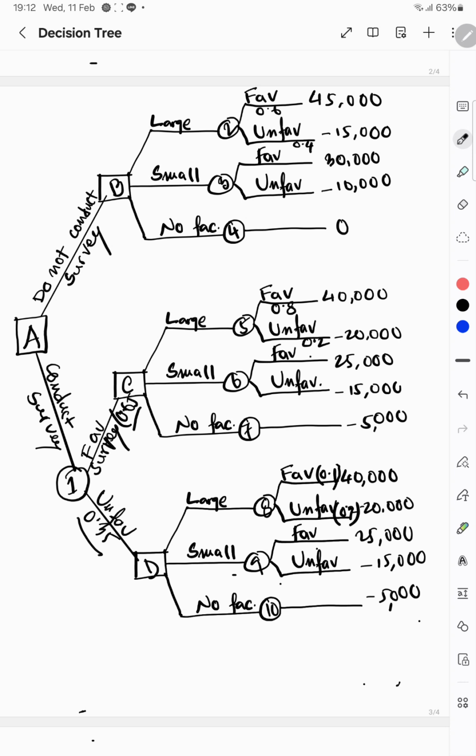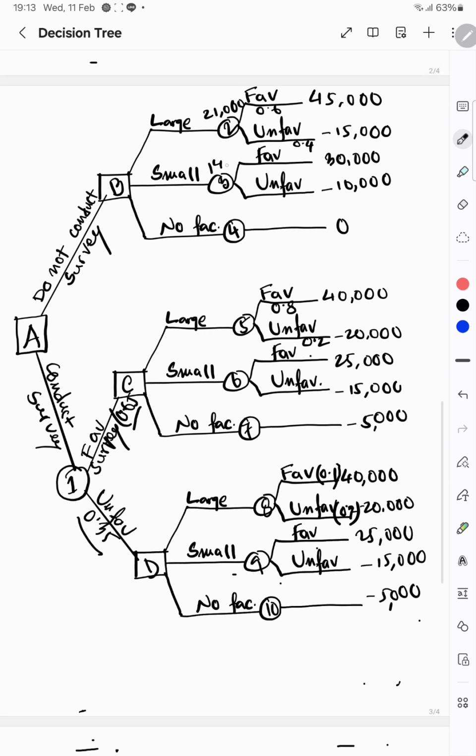So 45,000 times 0.6 plus the unfavorable probability 0.4 times minus 15,000. This is how we will calculate. Let's do it here, I think that would be helpful for you to understand. You can calculate by yourself, and you will see that this one gives us 21,000, and this one here gives us 14,000.